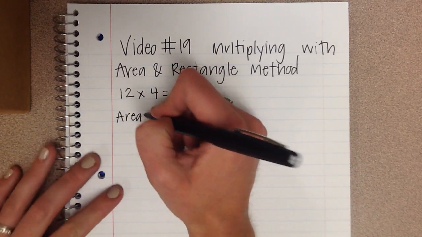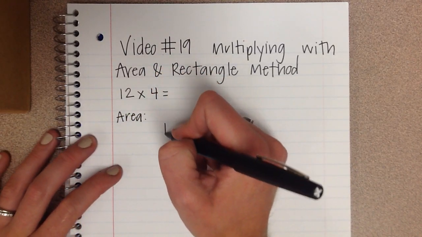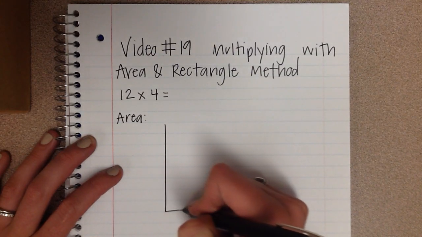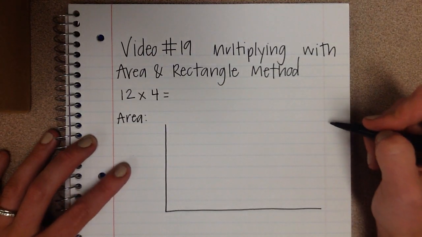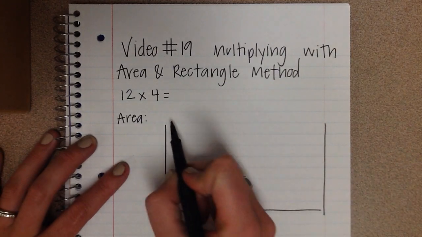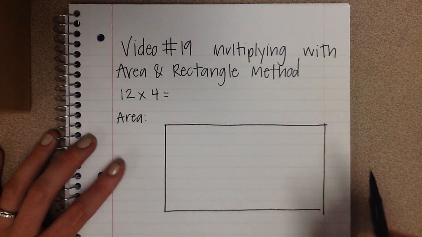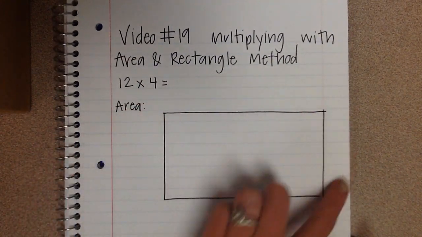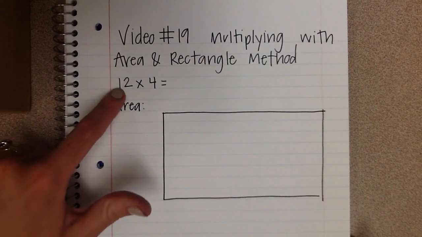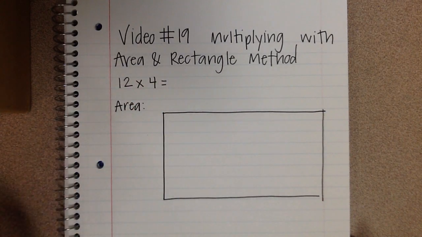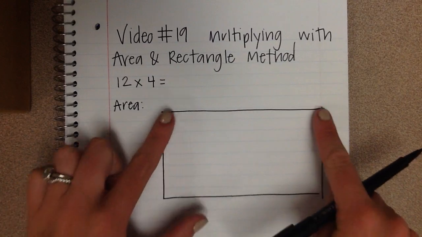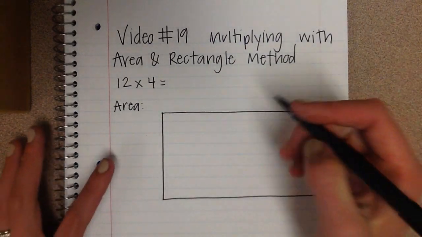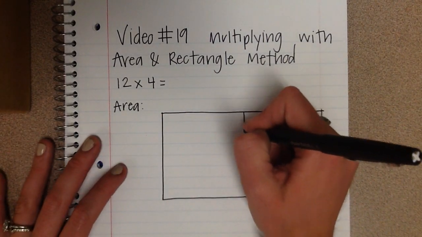What I would do is draw a big rectangle. It's a neat rectangle. It's big. It's very neat. So I have 3 digits. Since this part is longer than this part, I'm going to break it like this.